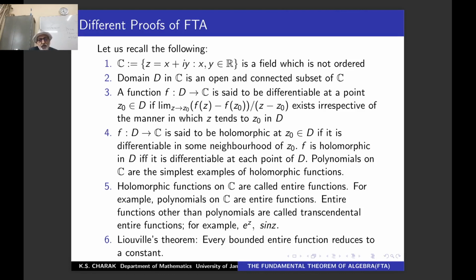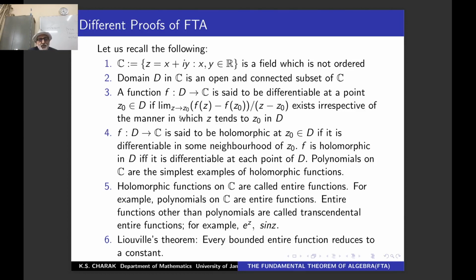Now we have to be very particular about the limit, because this is not the real limit, this is the complex limit in the complex plane. On the real line there are only two kinds of limits, left hand limit and right hand limit. Here we have arbitrary approaches to z0.